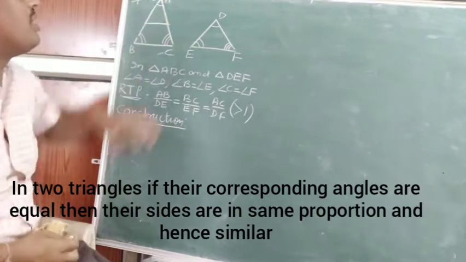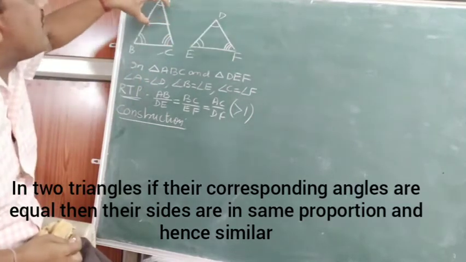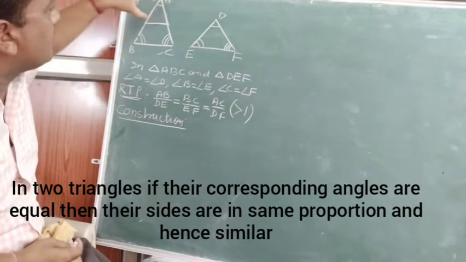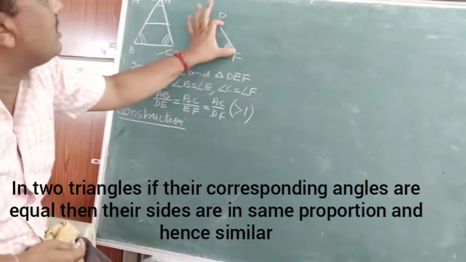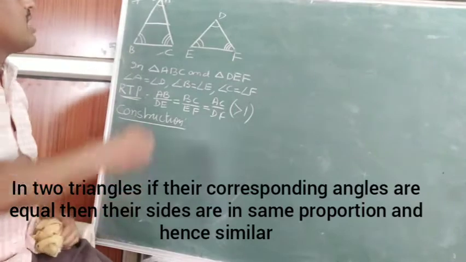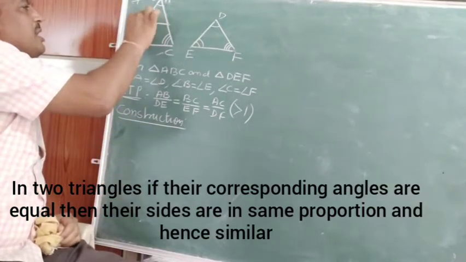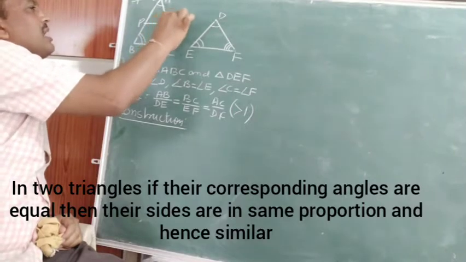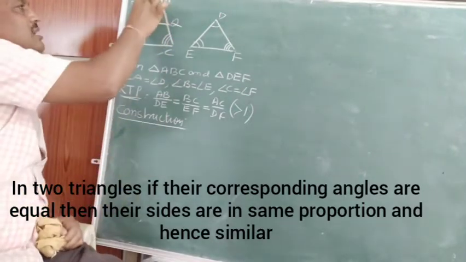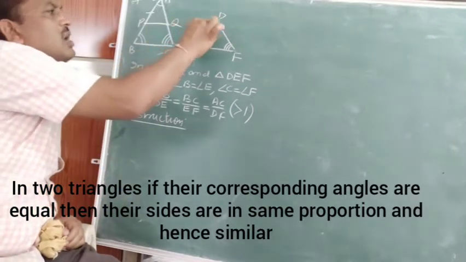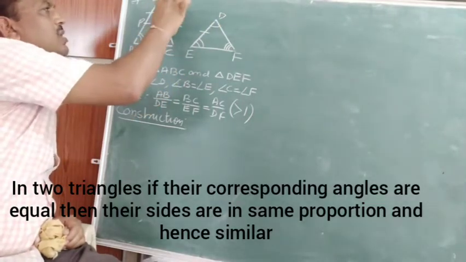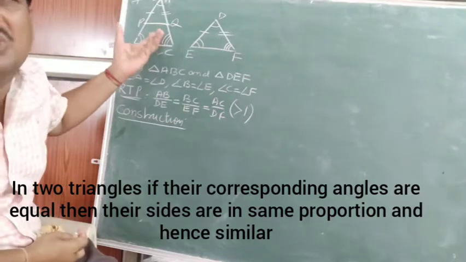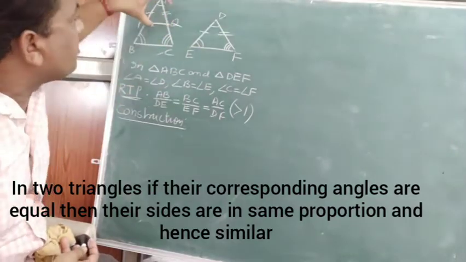I pick this and fix on that such that A and D coincide, and this line coincides, this line coincides. And wherever it is cutting AB, I give the name P and here Q, such that AP length equals DE, AQ length is equal to DF children. So this is the construction. You can say construction or picking and keeping there.